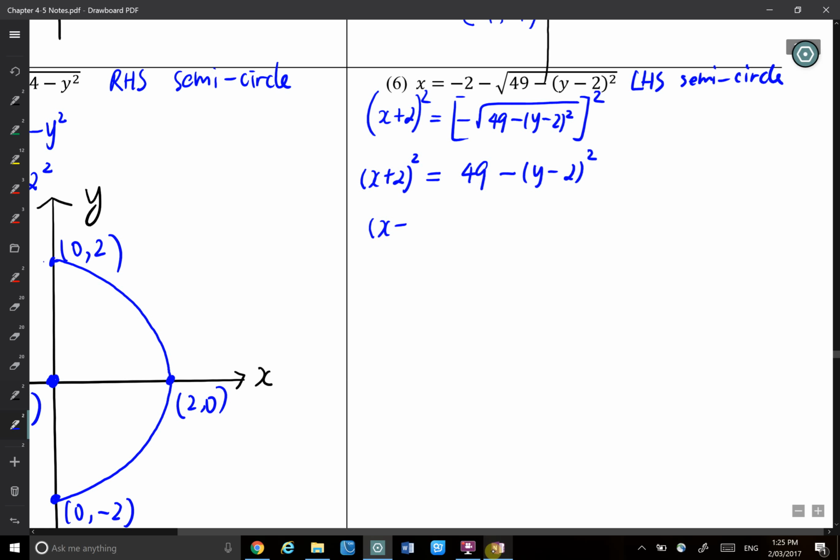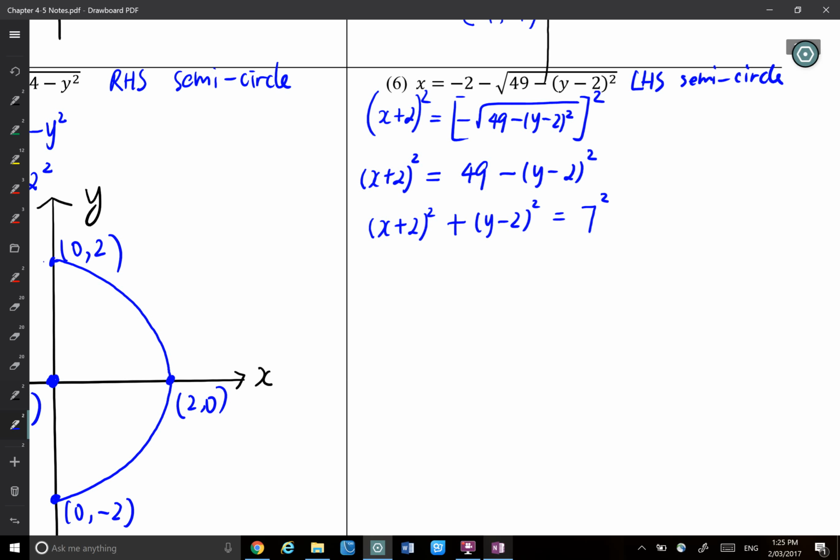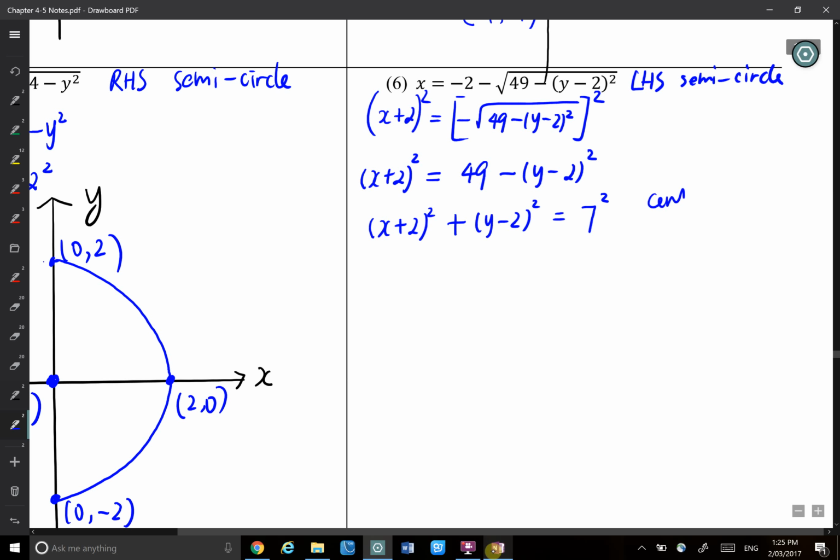So let's move the whole square to the side. That equals to 7 squared. Okay, that's center radius form. That must be center radius form with center negative 2 and 2, and with radius 7.